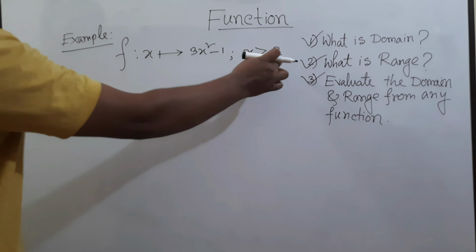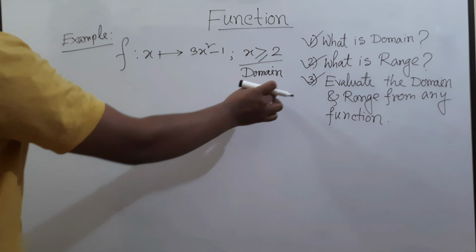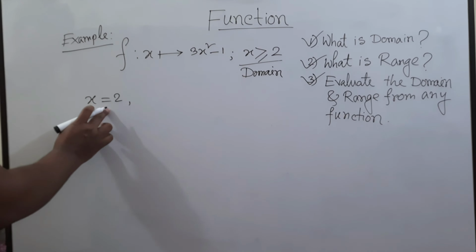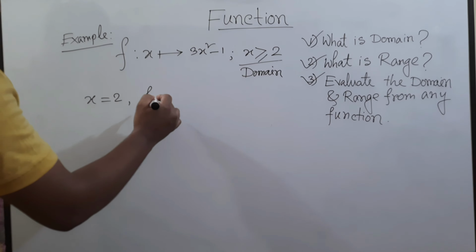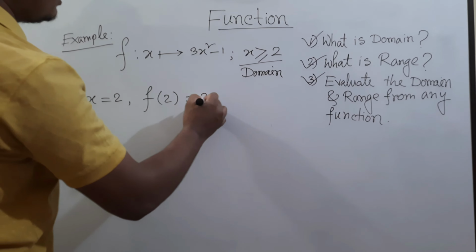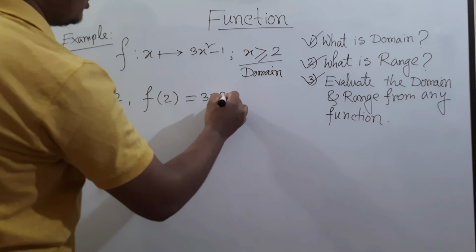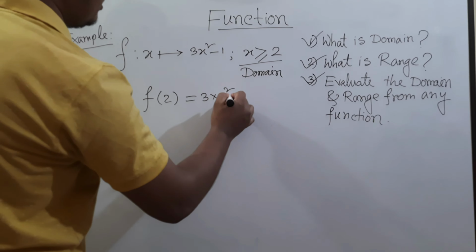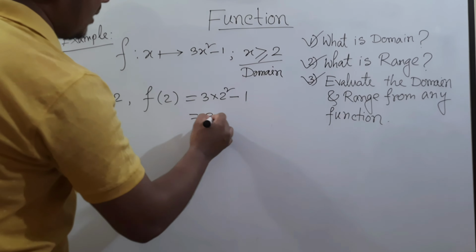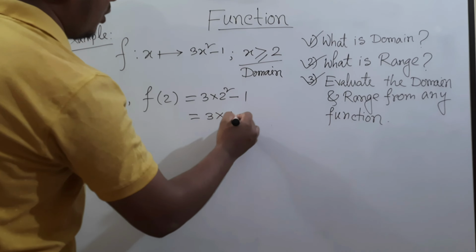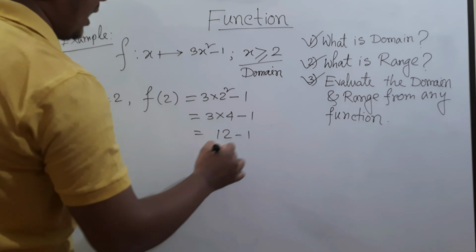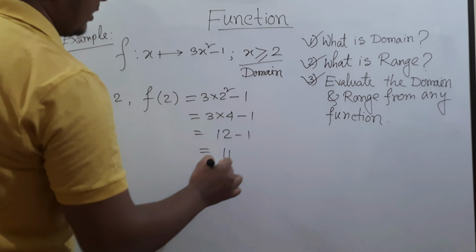So if we take the least value of this interval, that means if we take x equals 2 and input this value in this function, then we'll get f of 2 equals 3 multiplied by 2 squared minus 1. If we calculate that, then 3 multiplied by 2 squared means 4, minus 1, 3 fours are 12, minus 1 equals 11.